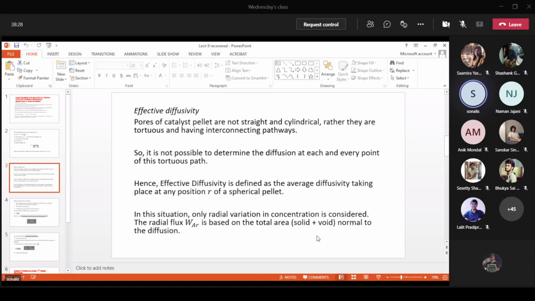We consider only the radial flux, W_AR, and W_AR is based on the total area, solid plus void, normal to the diffusion. So this is the assumption. We consider the radial flux, and it is based on the total area, whether it is solid part or void space, and this area should be normal to the diffusion.